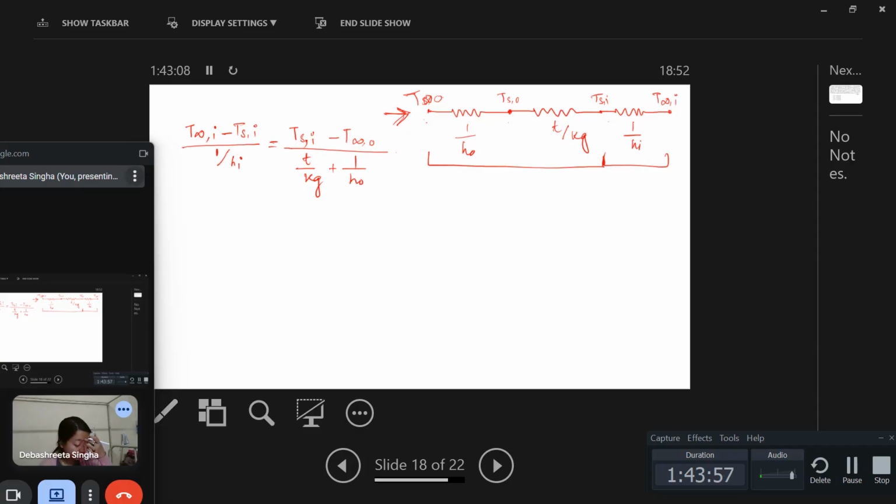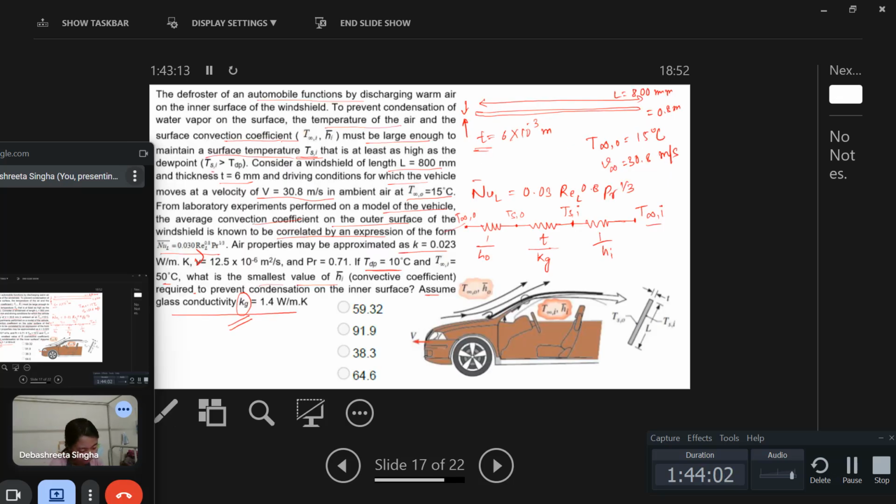So from here, what do we know? We know the outside temperature T infinity o, 15 degrees Celsius, and we know the inner temperature, and also T_si. T_si you can consider as at least as high as the dew point.